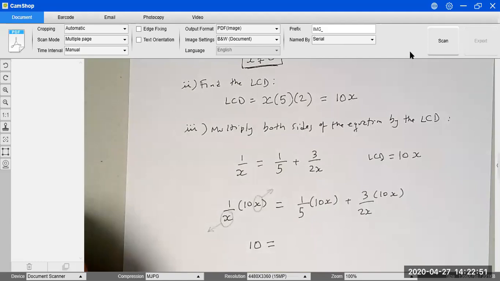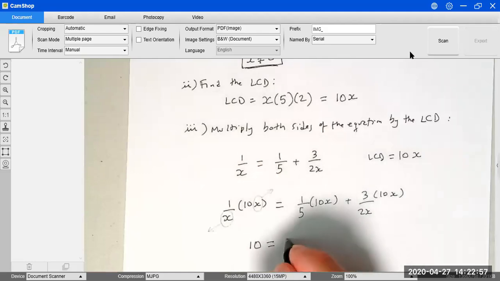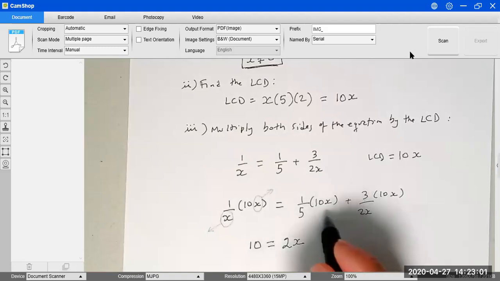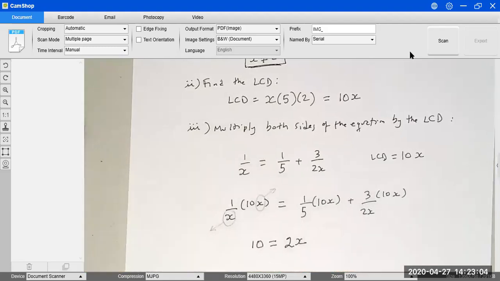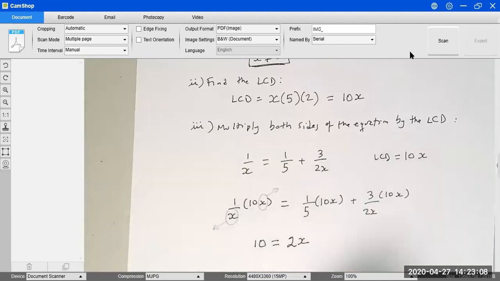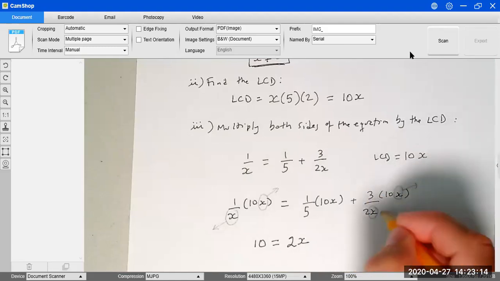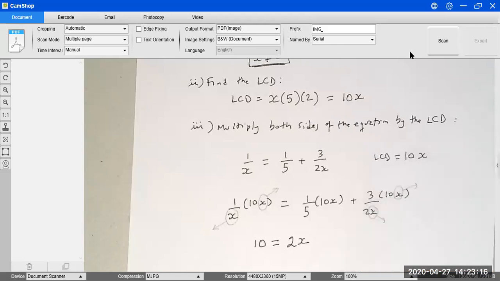Now on the right-hand side, 10 divided by 5 is 2, and x is going to stay there because there is no x in the denominator. Then in the next case, this x cancels this x, so they can be removed, and I have 3 times 10, which is 30.